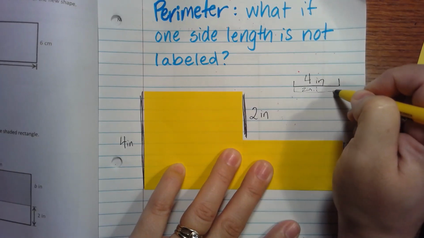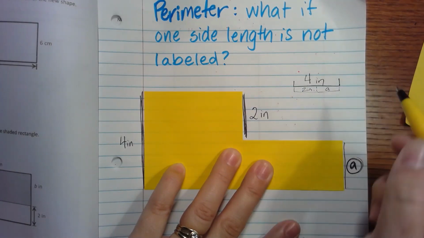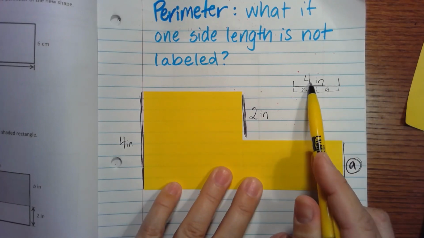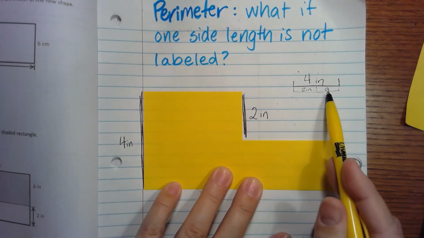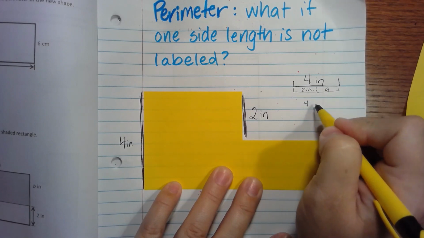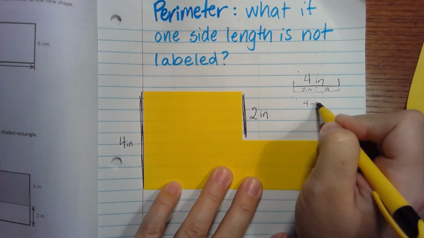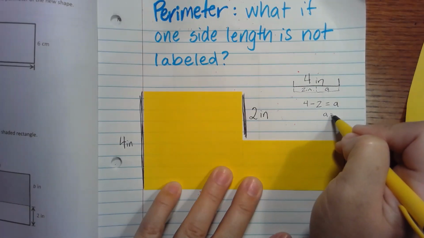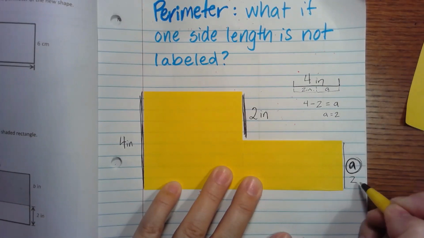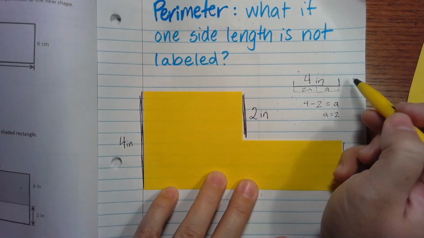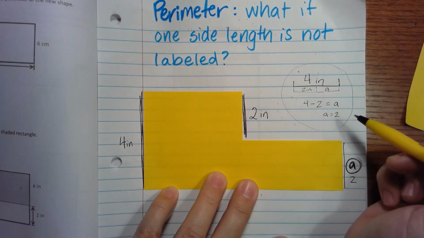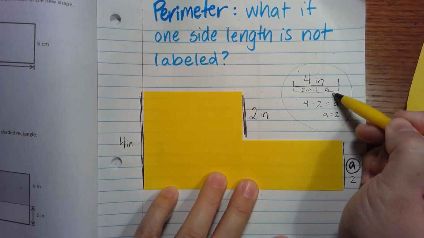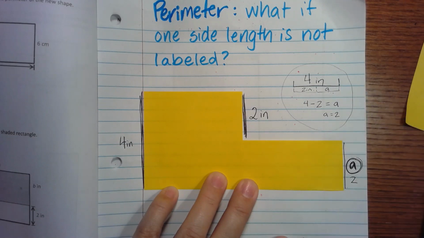And the unknown part is letter A. So when we know the whole and we have a part, we subtract, or count on, to find the unknown part. So A is 2. We're going to use this idea of finding an unknown part in our lesson today.